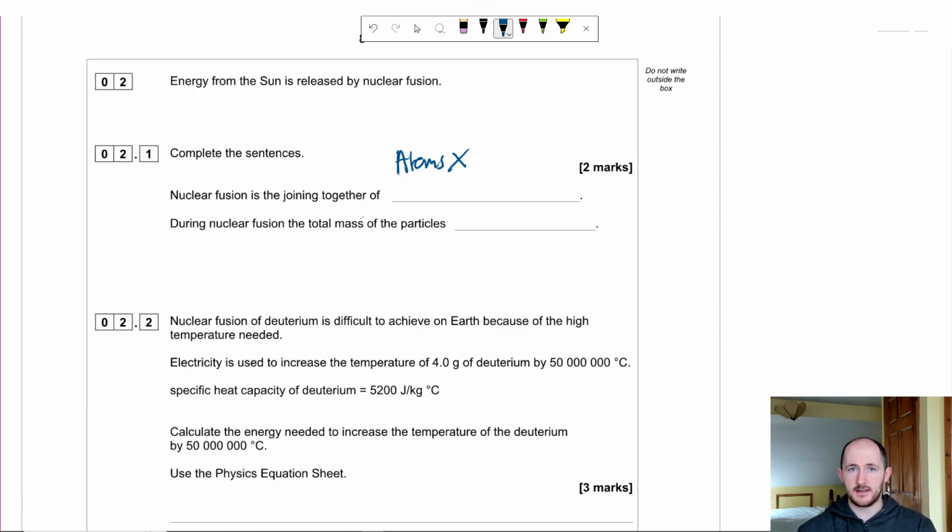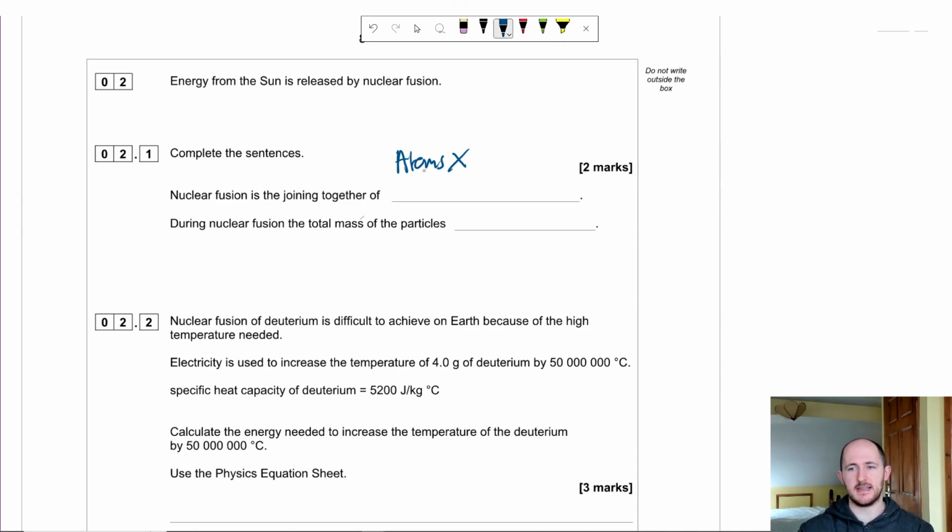Why is that? Inside the sun, or inside stars, or even when we do nuclear fusion on Earth, we increase the temperature of these atoms to such a high degree that they become plasma, which means they aren't atoms anymore. The electrons are so hot that they are separated from their nuclei, and it's the nuclei themselves that fuse together.